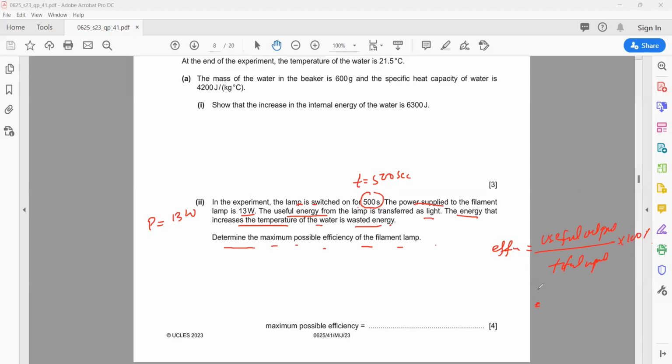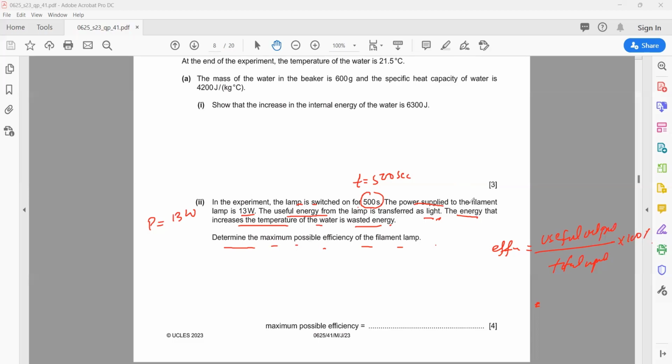Now, how much energy is supplied? Now the question comes, how can you find the useful output? They said that it is the energy transferred as light. All the other energy is waste, which is used to heat the water. So how much energy is used to heat the water? That's the thing you have to find. For that, first of all, you have to find the total amount of energy. You have different formulas to find the energy.